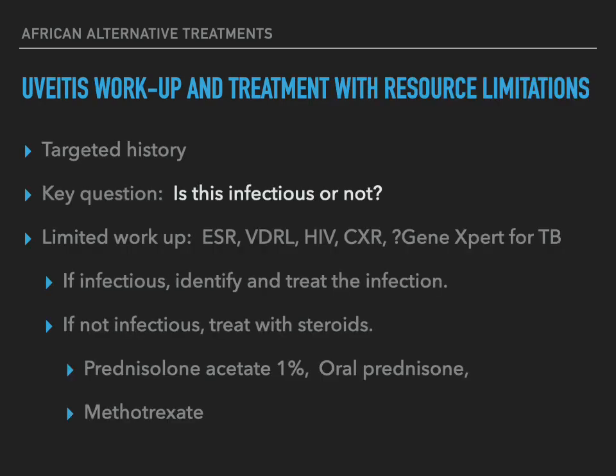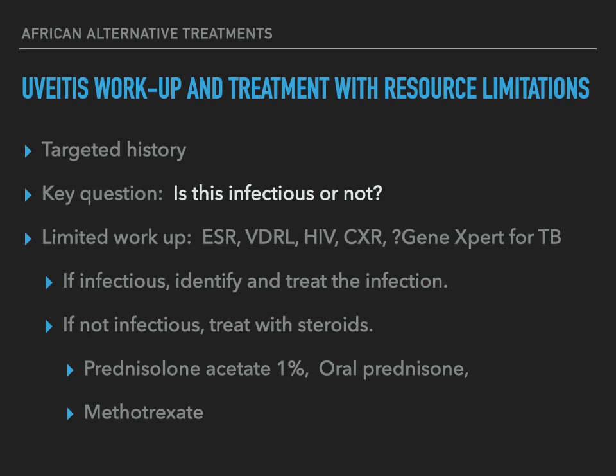But in a resource-limited environment, we are limited on the labs available to us. So we rely on a targeted history with this big question in mind. Is this infectious or not? Our standard uveitis workup includes sedimentation rate, VDRL, HIV, chest X-ray, and sometimes GeneXpert, which is a sputum test for tuberculosis.